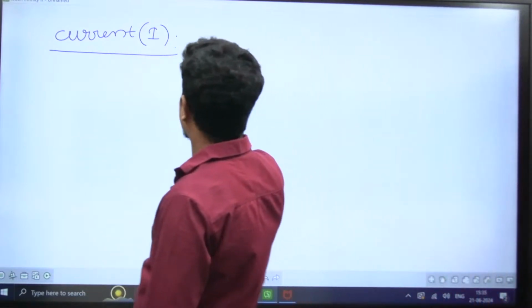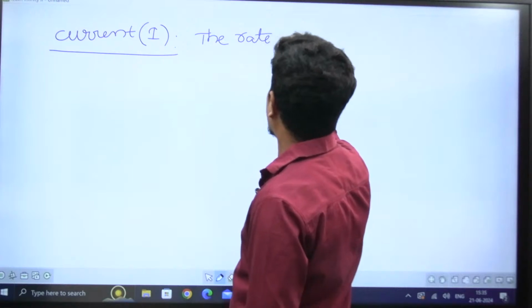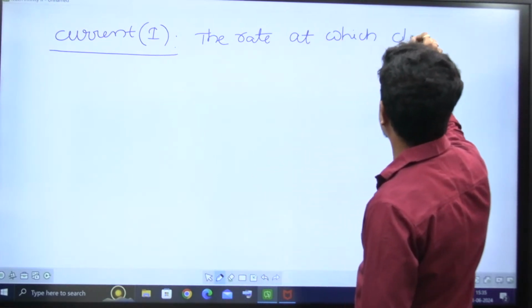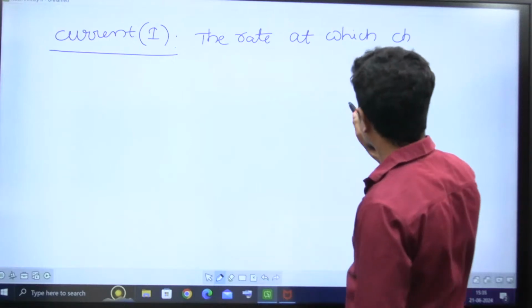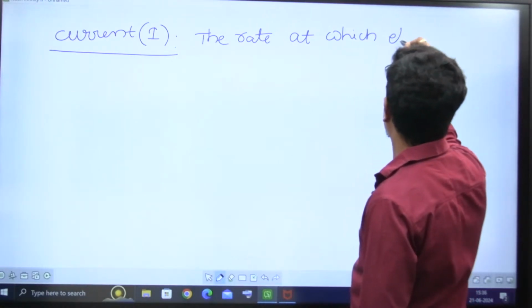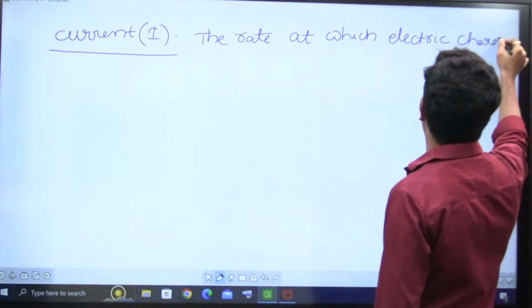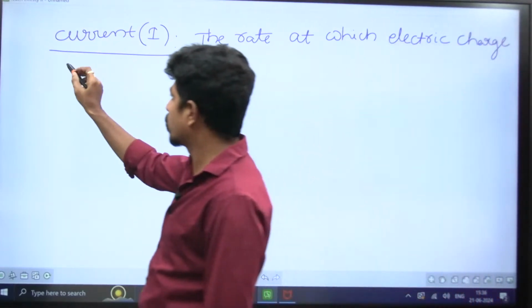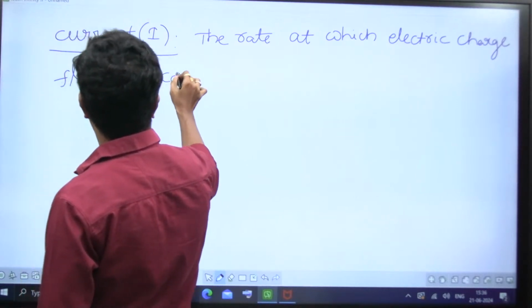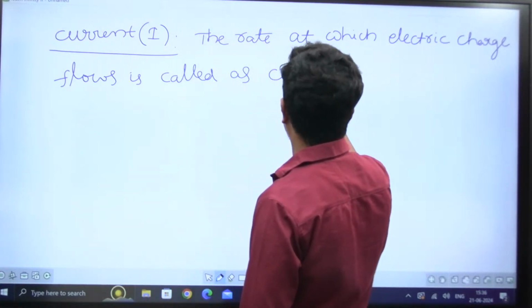What is current? The rate at which electric charge flows is called current.